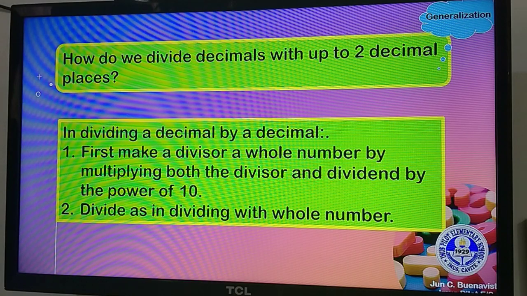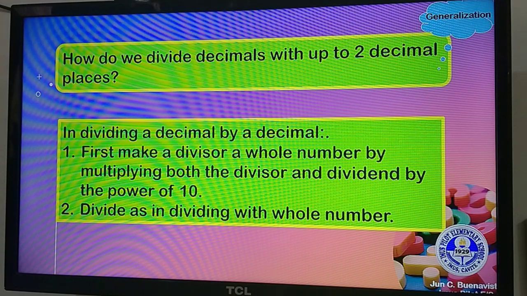It depends upon your divisor, if it is in tens, you're going to multiply it by 10. If it is in hundreds, you can multiply it by 100. If it is in thousands, you're going to multiply it by 1,000.